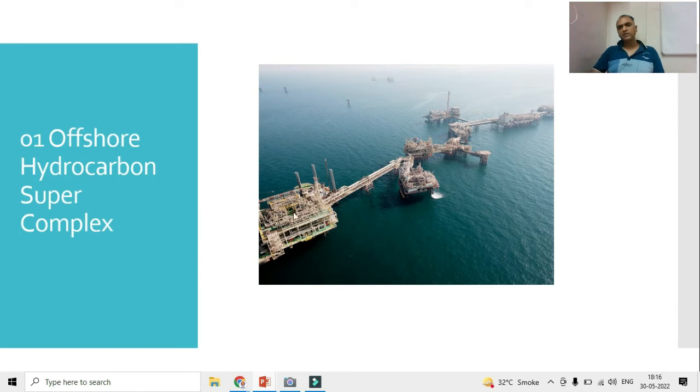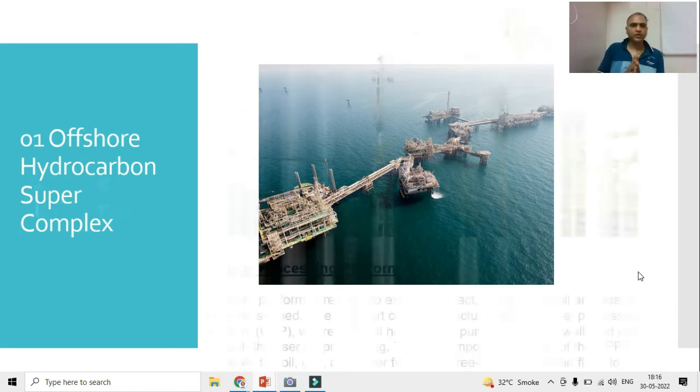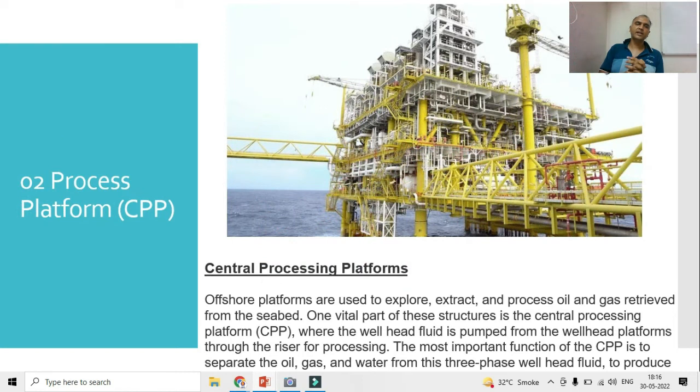This CPP is the process platform, technically called the central processing platform, because all the hydrocarbons will be transferred to it. That is why it is called central. It is central for all these wellheads. Even the riser platform's job is to collect the oil from the wellhead platforms and transfer it combined to the CPP.